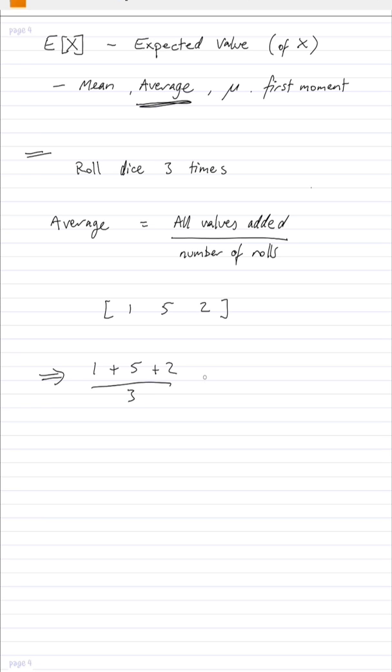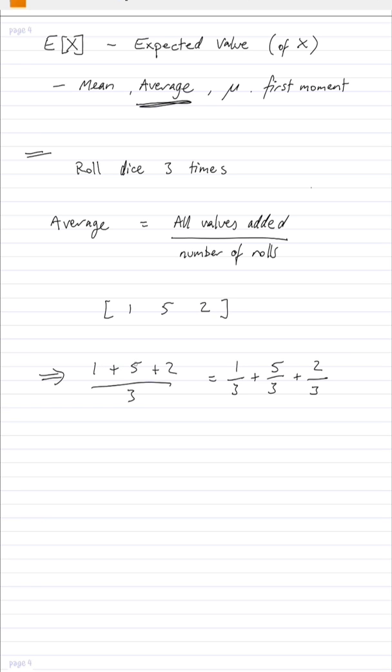This can also be written, remember, as 1 over 3 plus 5 over 3 plus 2 over 3. So again, different ways of writing the same thing. The way of looking at it here will become more obvious when we proceed further.